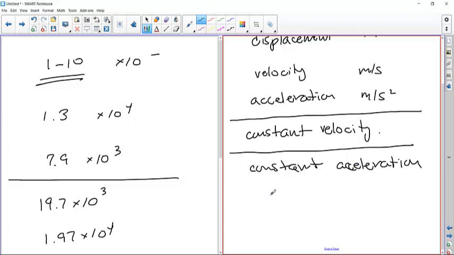And where does constant acceleration happen? Well, if you drop something and it falls under gravity, we call that free fall. That has constant acceleration of whatever the acceleration due to gravity is, which is going to be dependent on which planet you are on and where you are on the planet relative to the center.